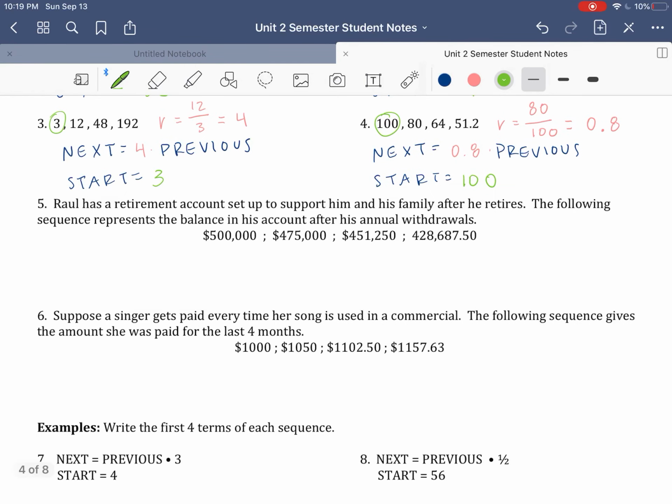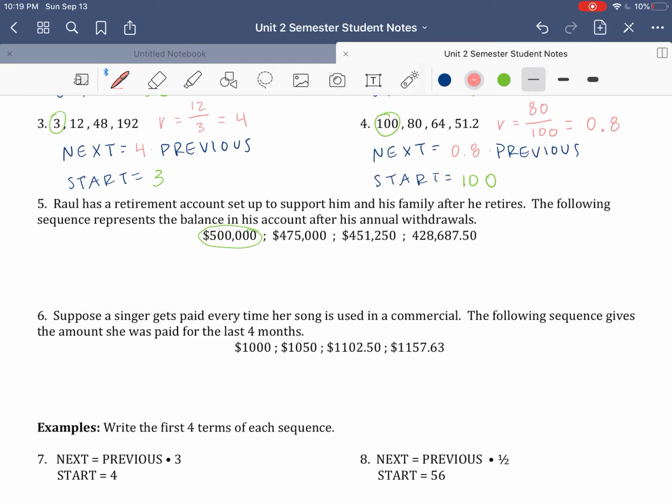Same idea though. It says Raul has a retirement account set up to support him and his family after he retires. The following sequence represents the balance in his account after his annual withdrawals. So we can see those numbers are decreasing. We're taking money out of our account. Pretty quickly, we can identify the starting number right here. He started with $500,000.